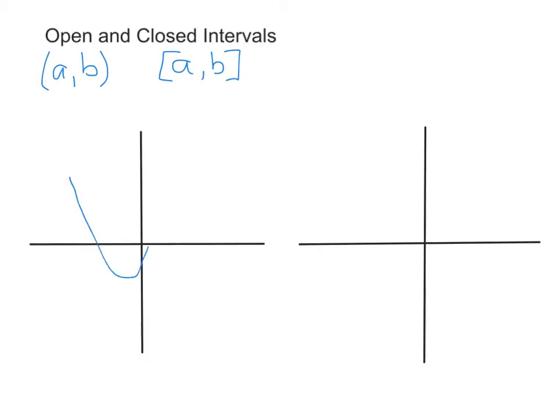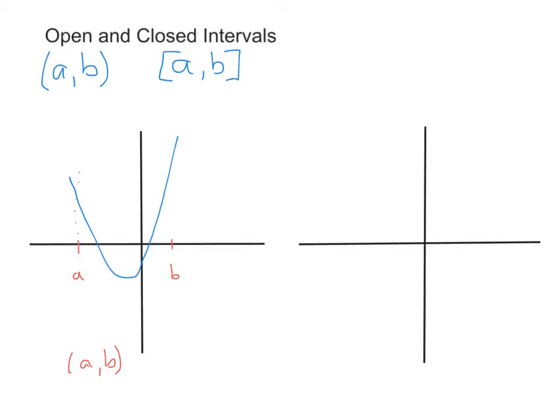Okay, so let's just talk about, as an example here, let's say we have a graph that looks something like this, some sort of parabola. And I want to know the extremes between, say, this a value here and this b value over here. So here, I'm talking about the open interval AB.